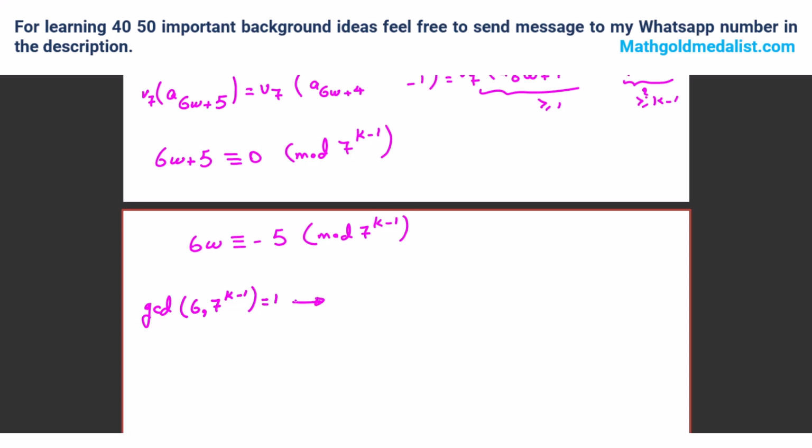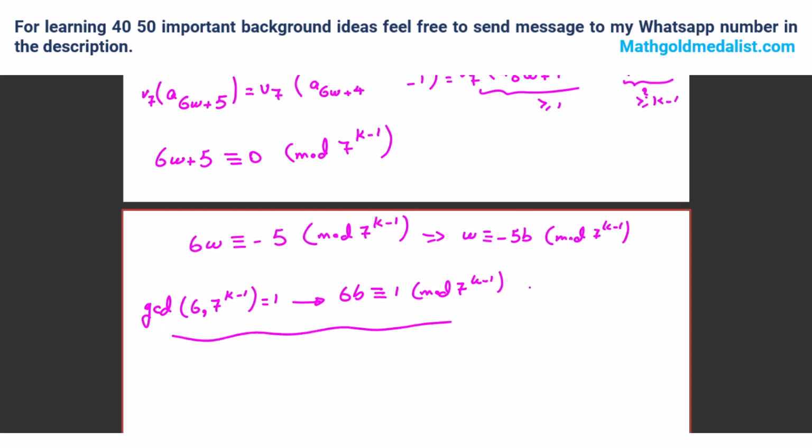Then there exists a number, we can call it 6 inverse. It is an integer, not 1 over 6. But in modular arithmetic, we can write like this. Or if it is not good for you, you can say, okay, the multiplicative inverse of this, suppose it's b. 6b is 1 mod 7 to the k minus 1. So we can multiply both sides by b, so w is congruent to negative 5b mod 7 to the k minus 1. So you can add 7 to the k minus 1 to reach a positive integer. So we have infinitely many w that satisfy this.